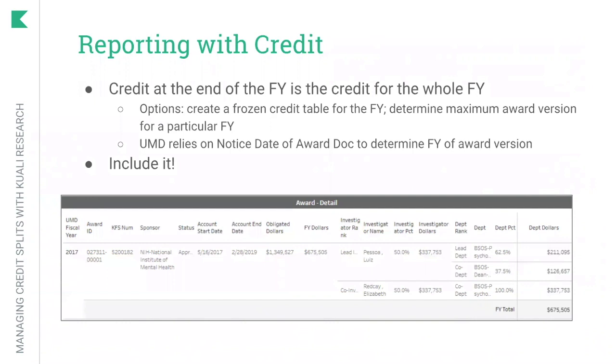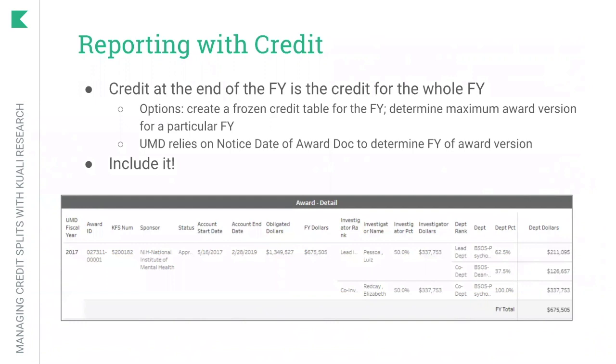This is actually that same award, with the credit split that we saw earlier for Dr. Pizzoa and Dr. Redke. This is an example of our fiscal year award detail report from our data warehouse. On this particular report, all of the information on the left-hand side is very basic information.